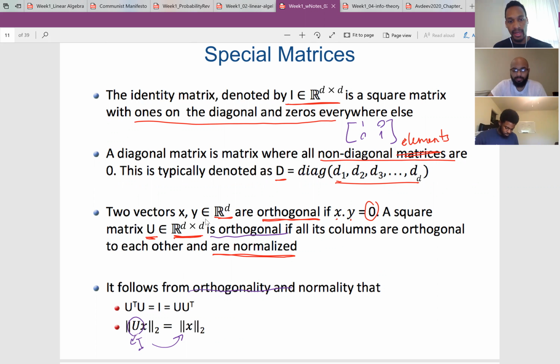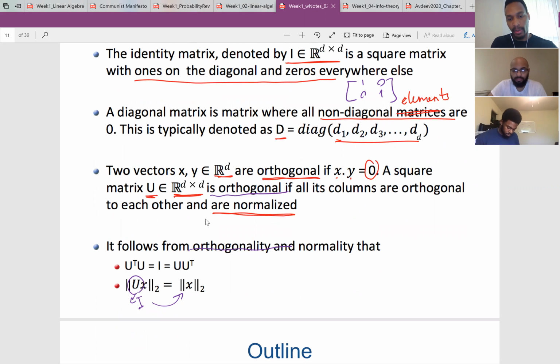Okay, and from that property of orthogonality and orthonormality, you'll see that if you take the transpose of a matrix times itself, you get the identity matrix. We also know that by the definition of the inverse, the inverse of a matrix times itself gives the identity matrix.